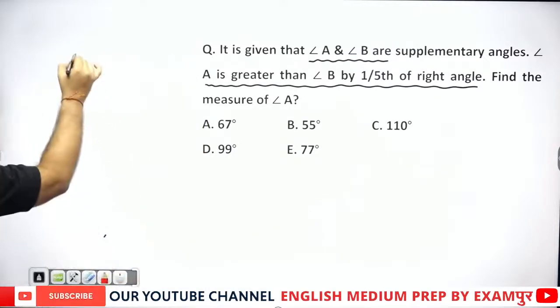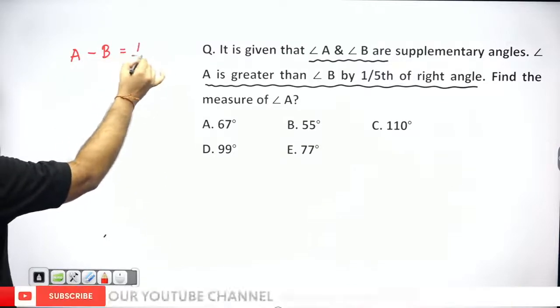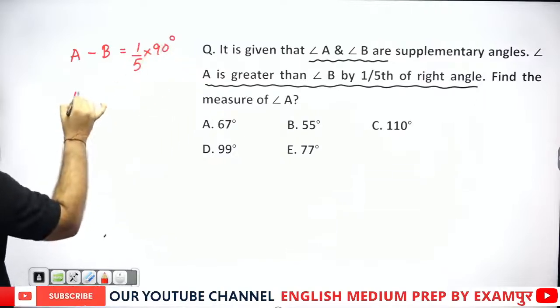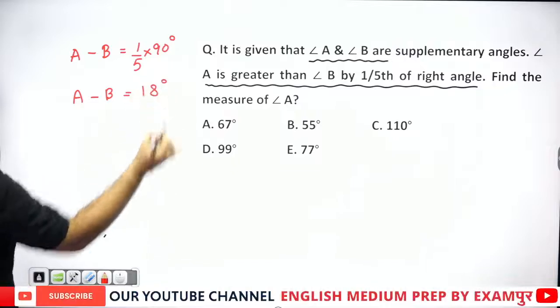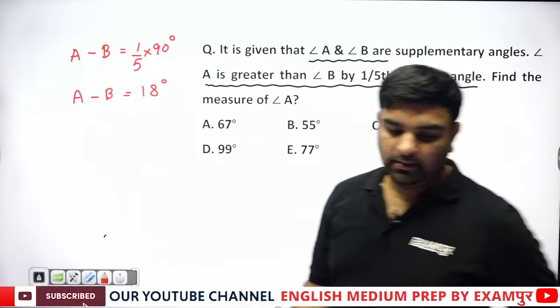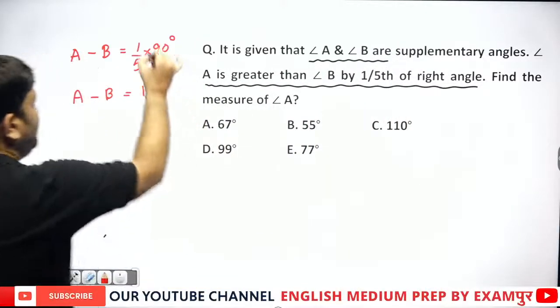So A minus B is 1/5 of a right angle, that is 18.